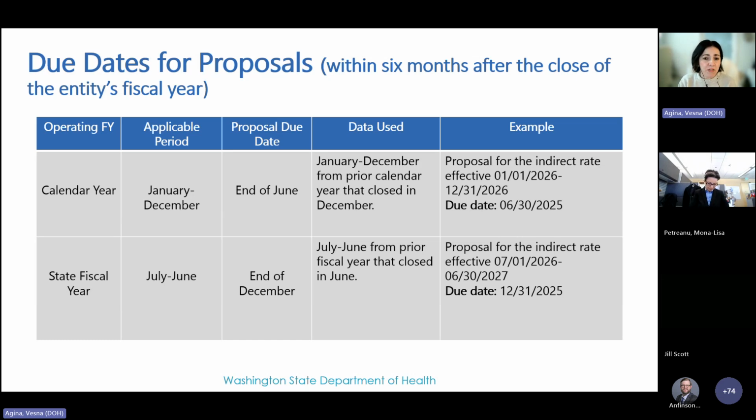If it happens that you do not have your indirect proposal reviewed and approved, and you bill for 2026, just keep in mind that we will still process your invoice and we will still pay your invoice. However, we will only be able to pay for direct cost. We will not be able to pay for indirect cost until we get that rate for 2026 approved. So just a reminder.